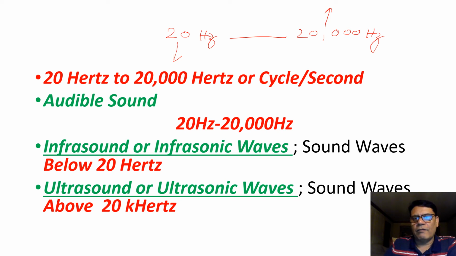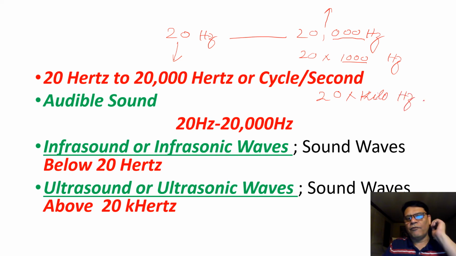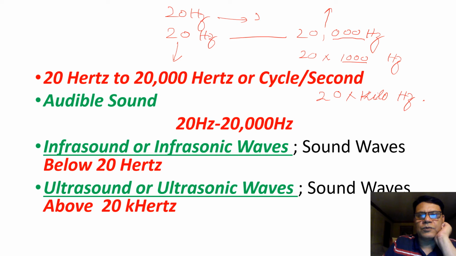And we also discussed that we can write 20,000 like this, and 1,000 is also called kilohertz. So now the range will be 20 hertz to 20 kilohertz.